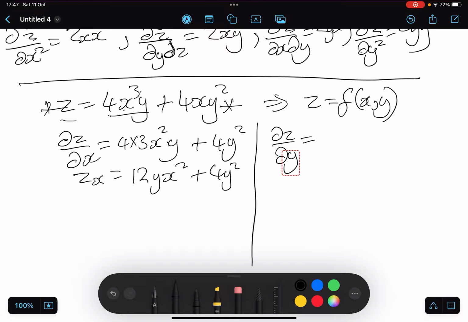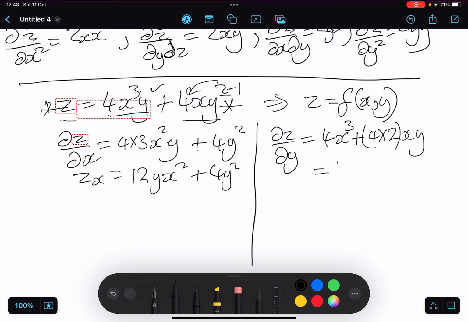Now x is a constant, which means when you differentiate the first term, it's going to be 4x cubed, and then differentiating the second term is going to be plus 4 times 2xy, because the 2 is going to multiply the 4, and it's going to be minus 1 here, so xy.